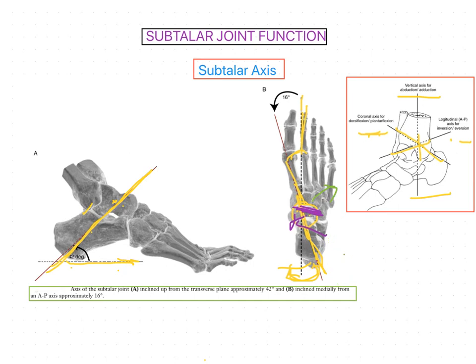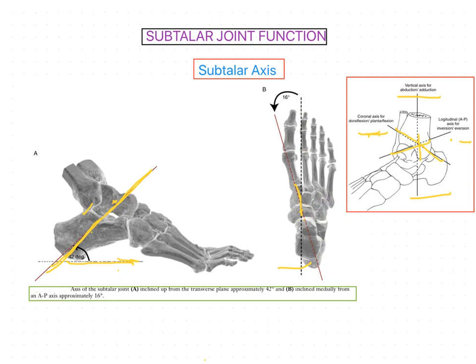Now we will see the subtalar neutral. What do you mean by subtalar neutral? Regardless of the inclination of the subtalar axis in any individual, every subtalar joint has a so-called neutral position for which its range can be assessed and from which its relationship to more proximal and distal joints can be evaluated. That position is called subtalar neutral.